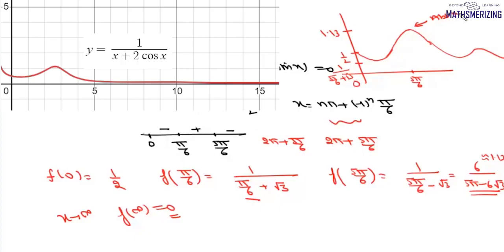So this value is the absolute maximum value. Therefore, the range of this function will be from 0 to 6 upon 5 pi minus 6 root 3, 0 not included, and 6 upon 5 pi minus 6 root 3 included.